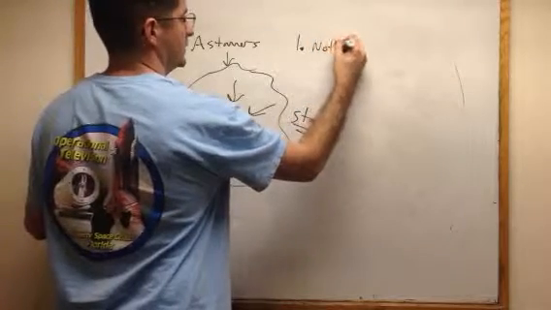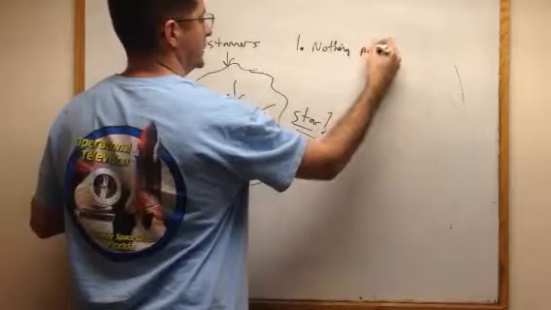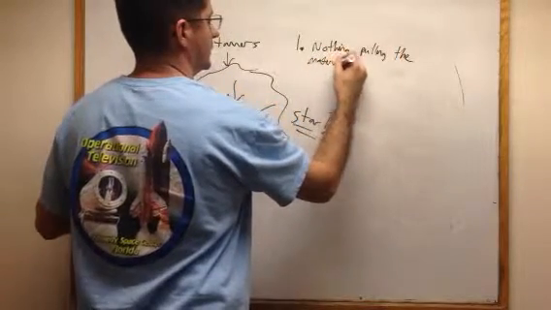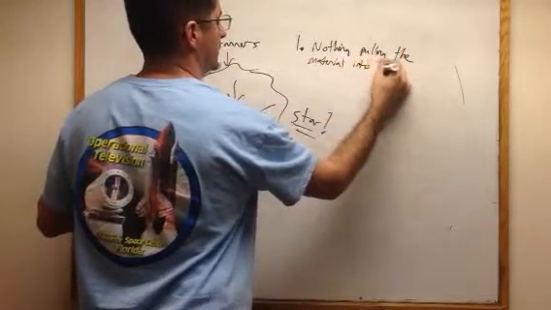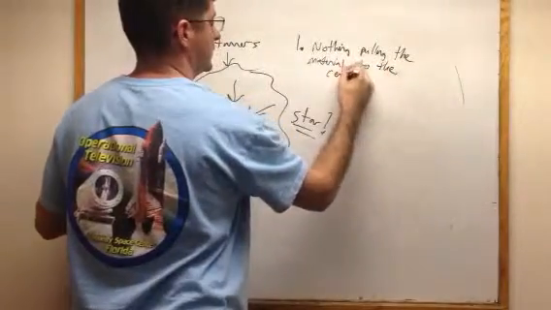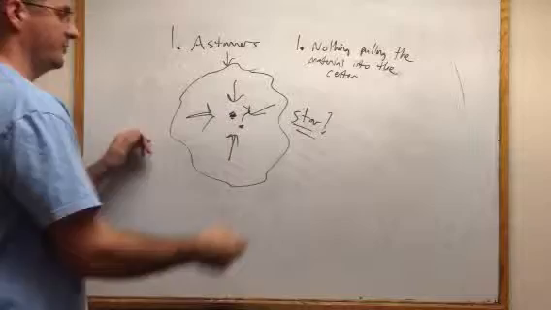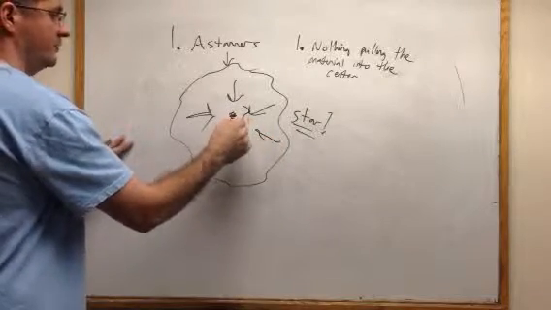there is nothing pulling the material into the center. Where is this object? How exactly does a cloud collapse when there's nothing in the center?